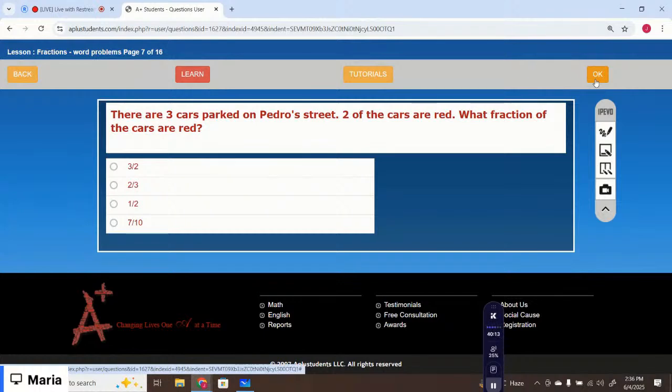There are three cars parked at Bedroll Street. Two of the cars are red. What fraction of the cars are red?